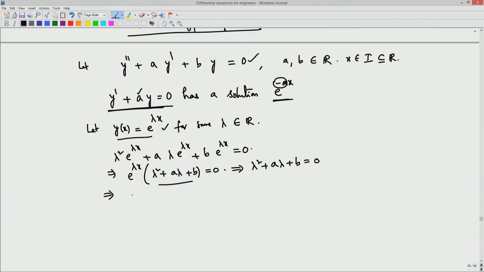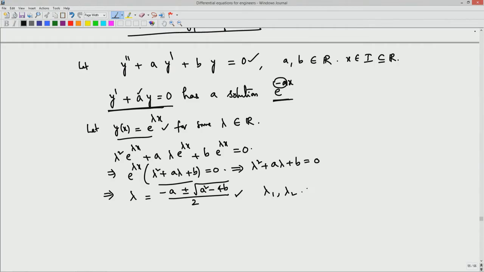You can find the roots of this quadratic equation: lambda equals minus a plus or minus square root of a square minus 4b, divided by 2. Okay. So, these are the two roots of this quadratic equation. Call them lambda 1 and lambda 2.